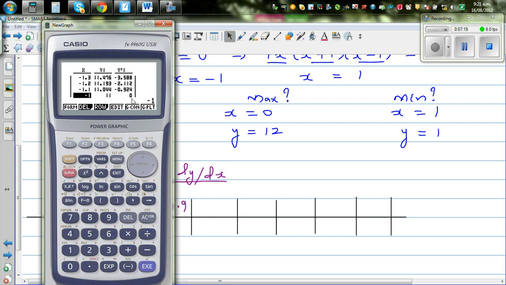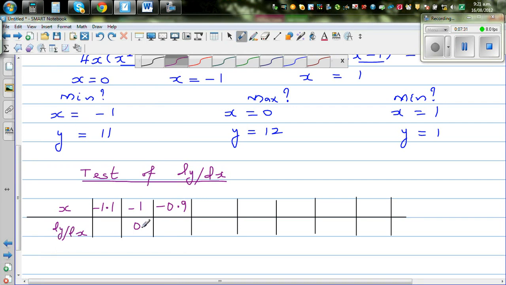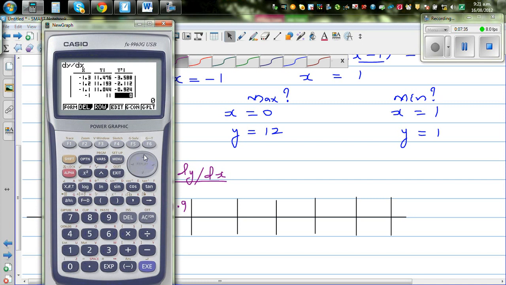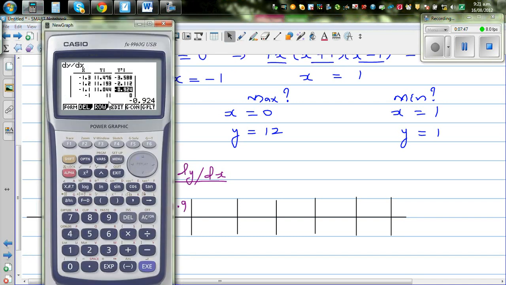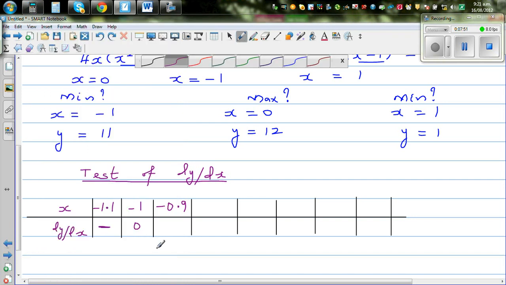At -1, don't look at the y, this is your y coordinate and this is your derivative, your dy by dx. At -1, your gradient is 0. So let's write that first. To the left of -1 is -1.1. What's the gradient? It is -0.929, so your gradient is negative here. And to the right of -1 is -0.9, which is positive.